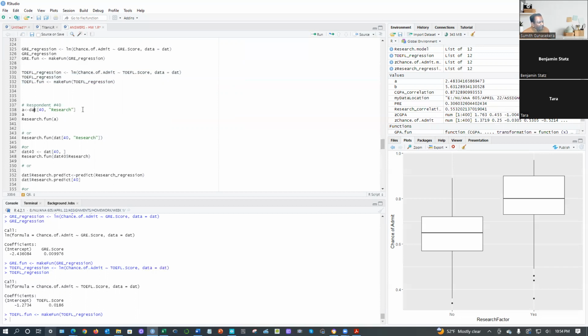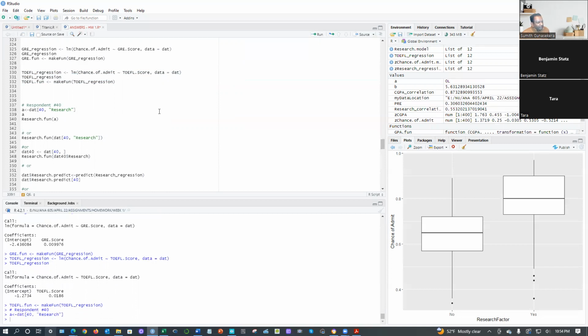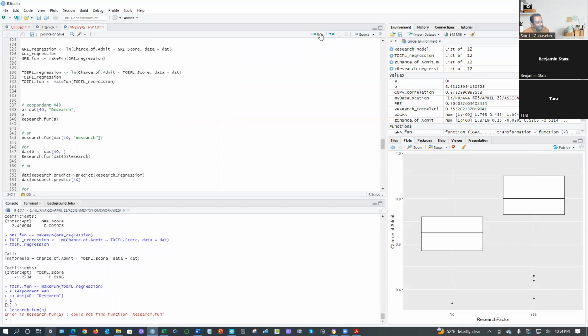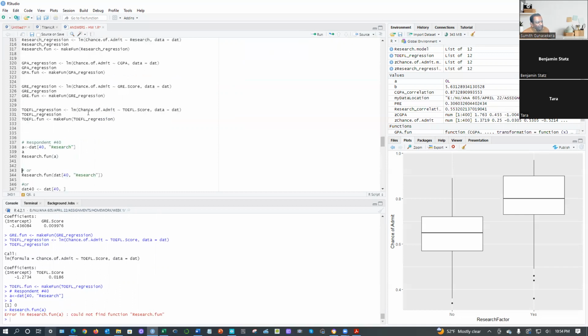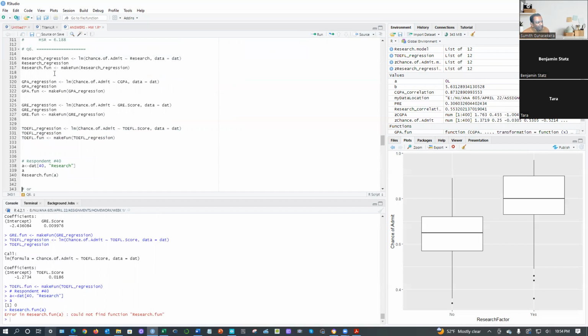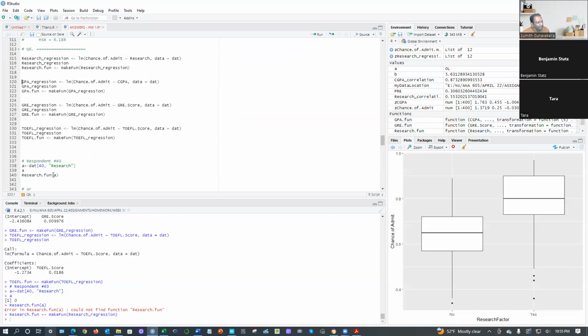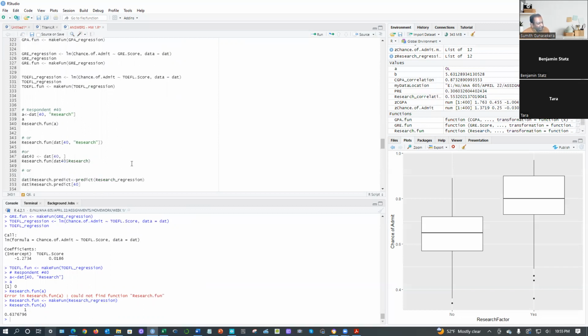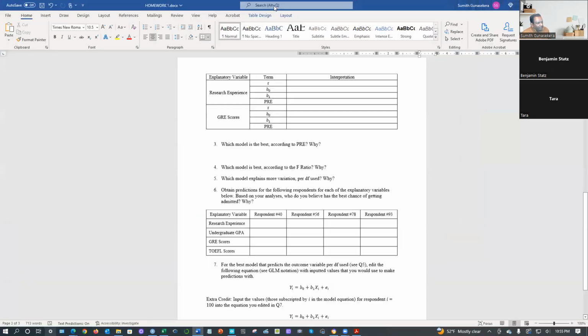I call that one A. I'm going to put that into the research function. Research function A. Yes, there's a chance of 63%, 64, 66. Then I do it with respect to research. I'm filling this out here.